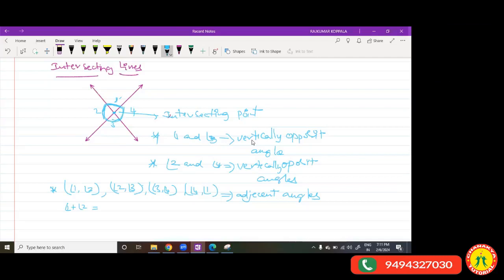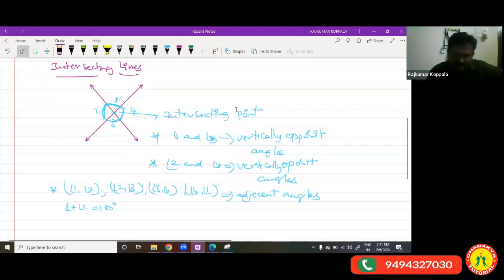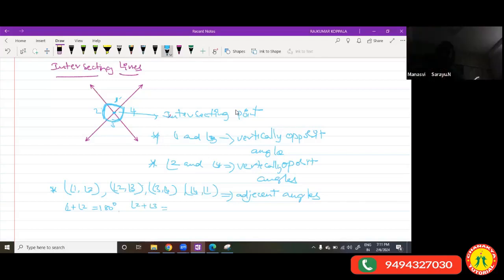So, if any two angles are adjacent and their sum is 180 degrees, those angles are called linear pair angles. See this? Angle 2 plus angle 3, how much? 180 degrees.